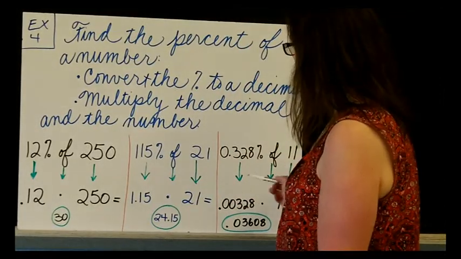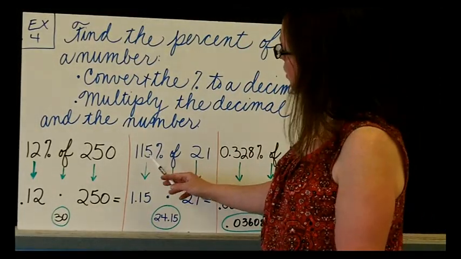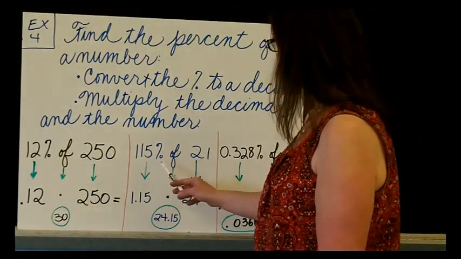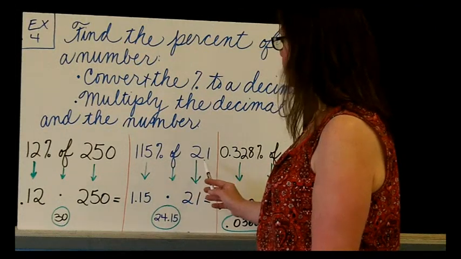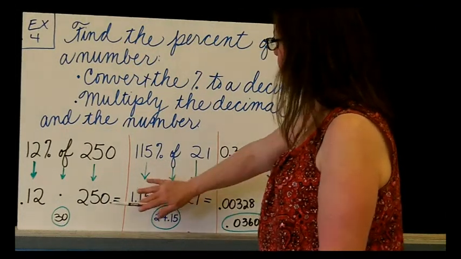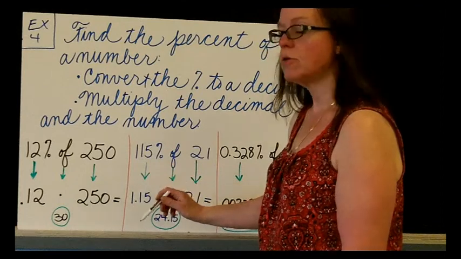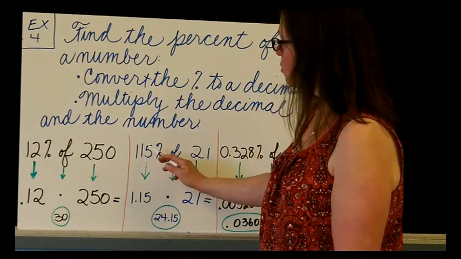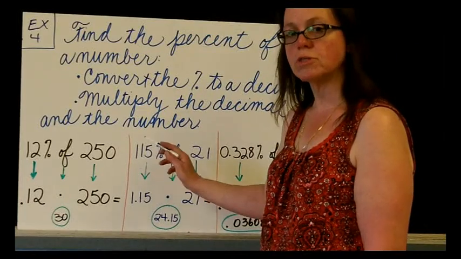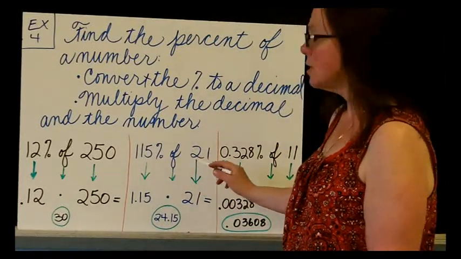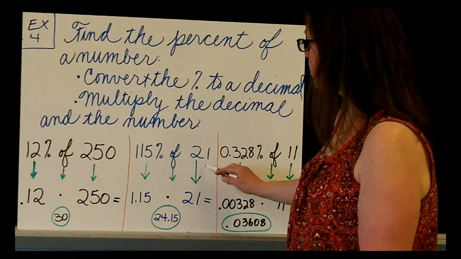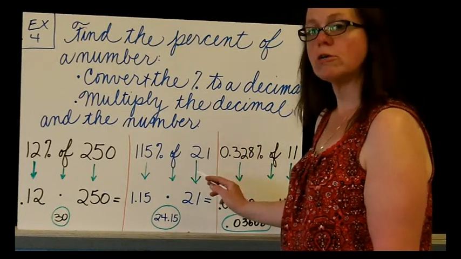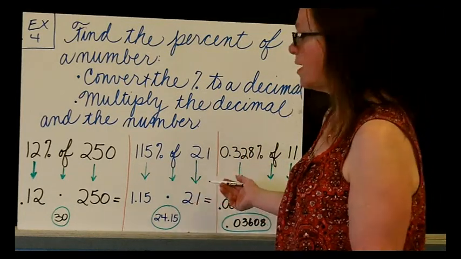Let's take a look at our next one. Here we want to know what 115% of 21 is. Now before we get to this part, I want to point something out. When your percent is more than 100%, then your final answer is going to be greater than the number you're starting with because you're talking about more than that.